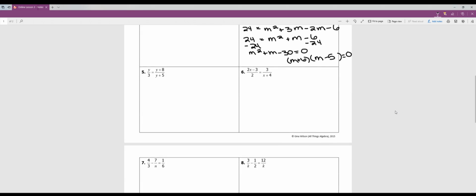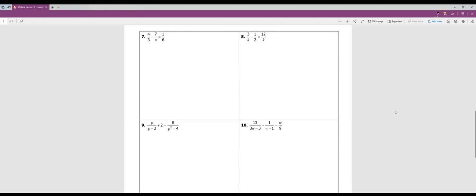I am now going to show you what it looks like when you have to use the second method, your least common multiple. So if we take a look here at number 7, do you see how on the left side I have two expressions? That tells me that I have to multiply by my least common denominator. So looking at my denominators here, I have 3n and 6.